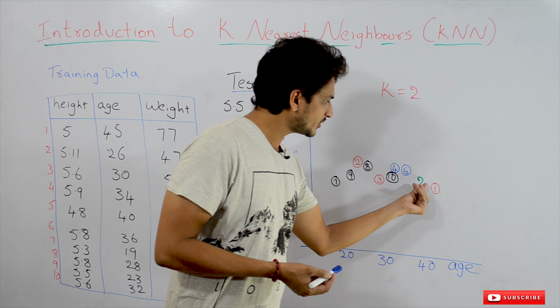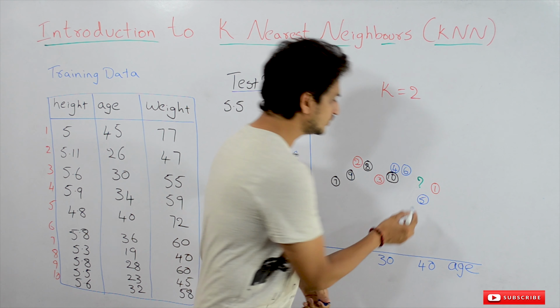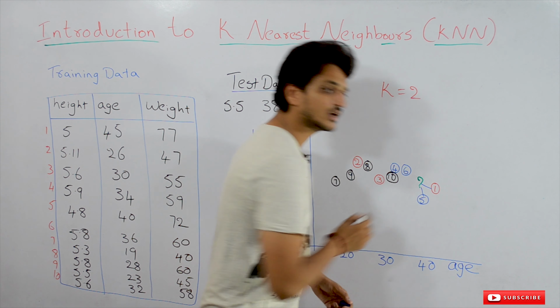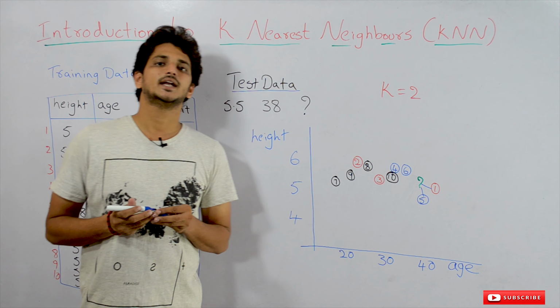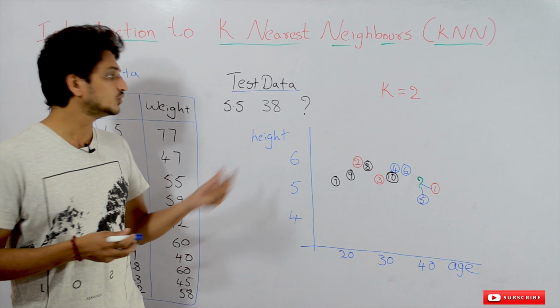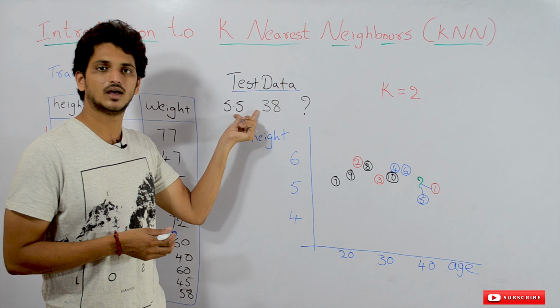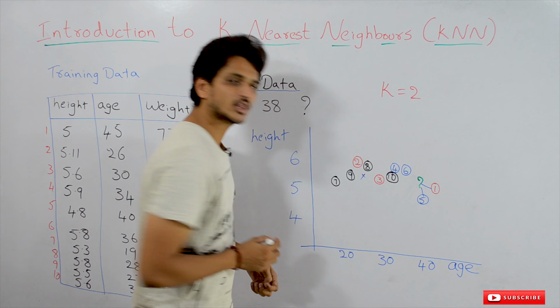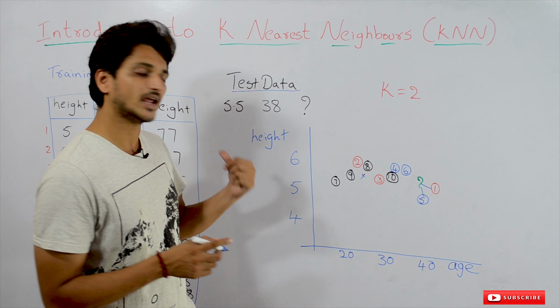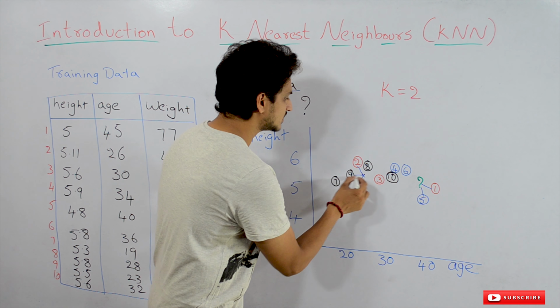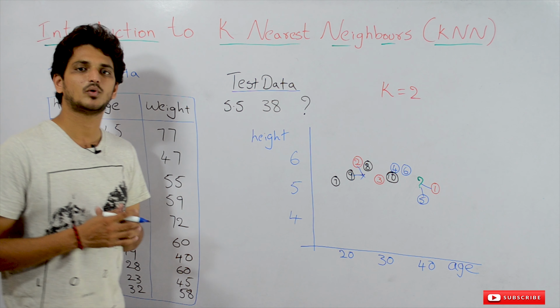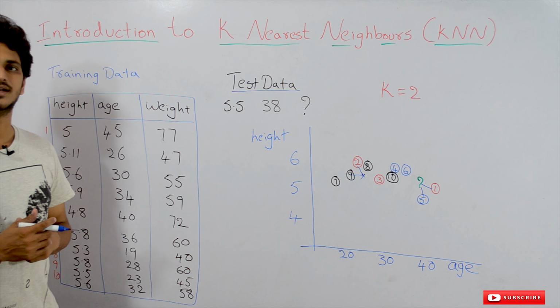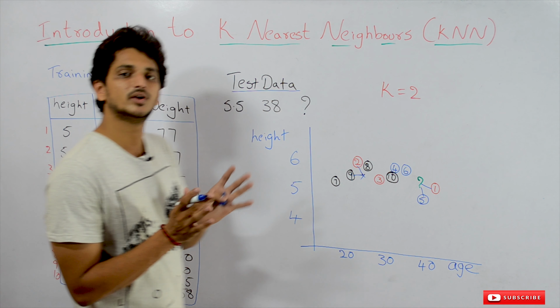Points 5 and 1 are the two nearest data points in our training data set to this testing data point. Suppose our testing data point comes here. What are the two nearest neighbor points in the training data set? This and this are the two nearest data points. This is what k nearest neighbors does.